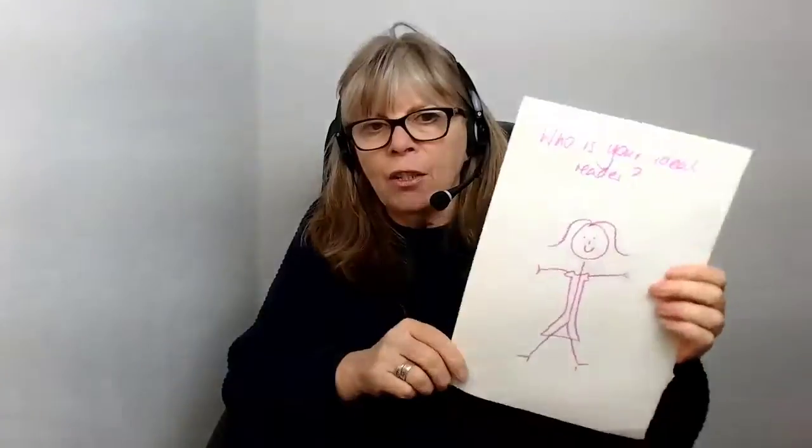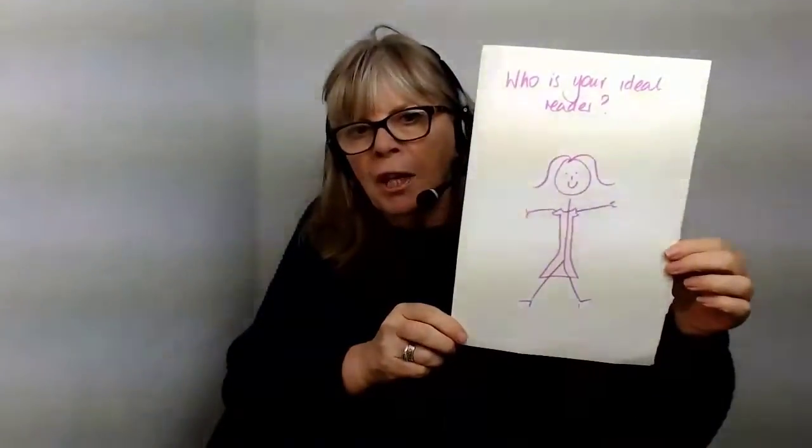However, what often happens is we have this set idea that this is going to be the ideal reader. This exercise really is about you finding the foundation of who you think it might be, and then as you do more research you can hone it down depending on what you learn and what your message is. So the first thing is to just draw who you think your ideal reader is and put some words around it.